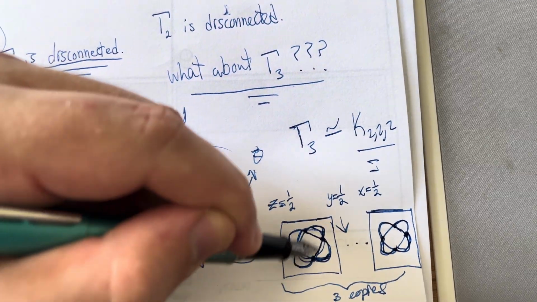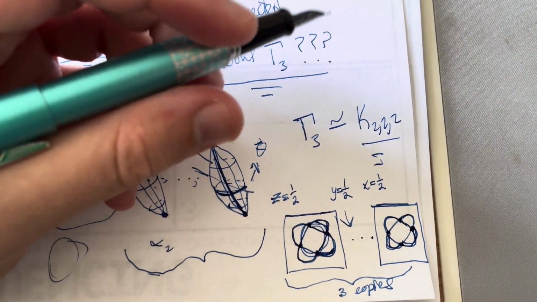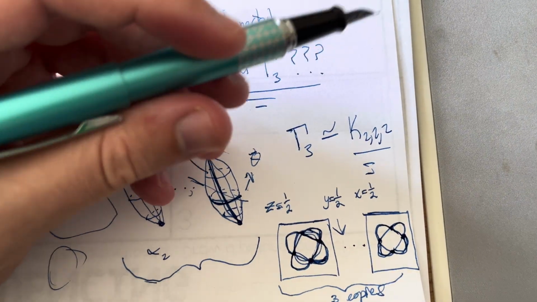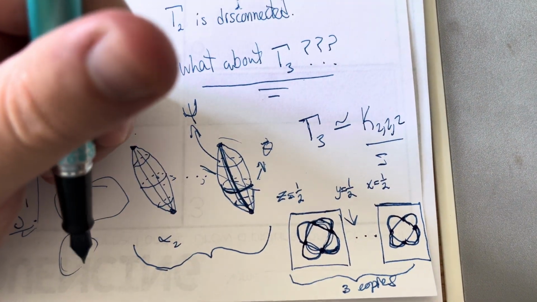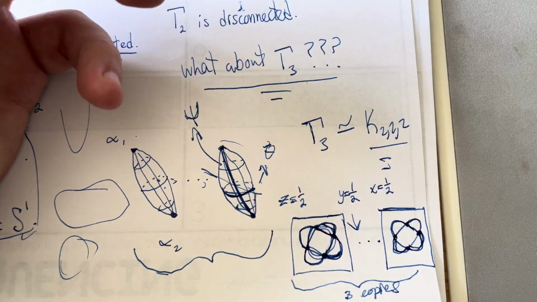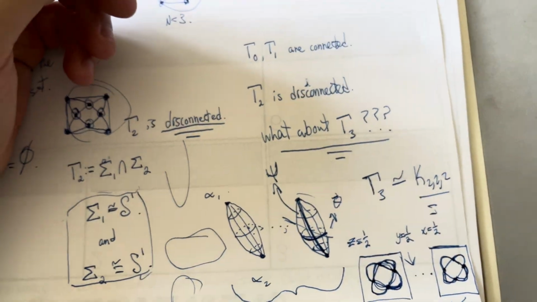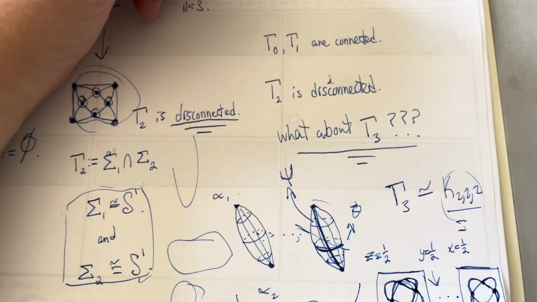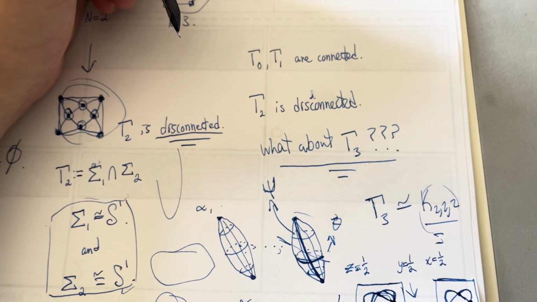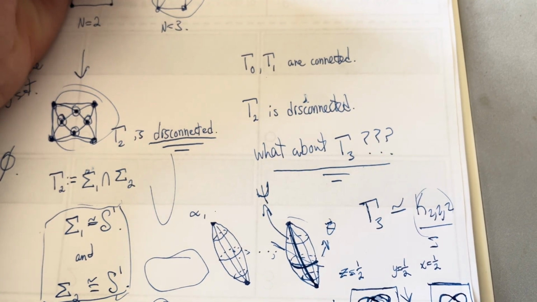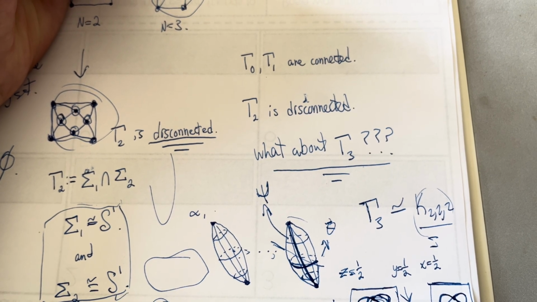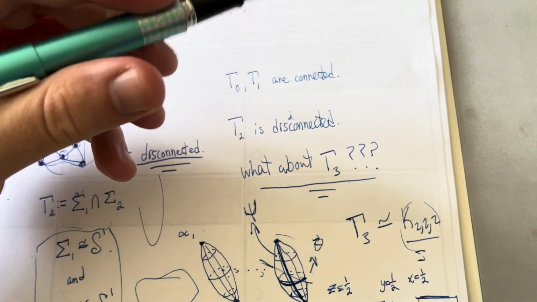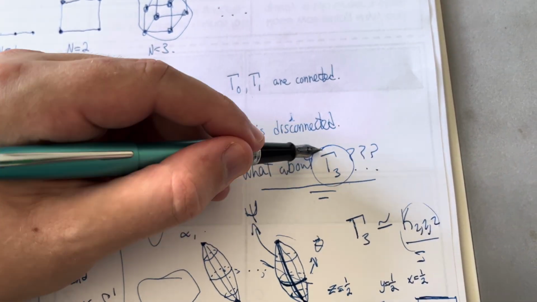Now this inner octahedral thing, or inner cube or square, whatever, this guy would not be an intersection. So yeah, that's about it. So basically we get that K22, K22 is connected as a graph. Thus we get gamma 3 is connected.